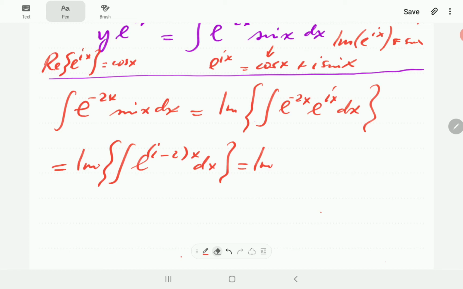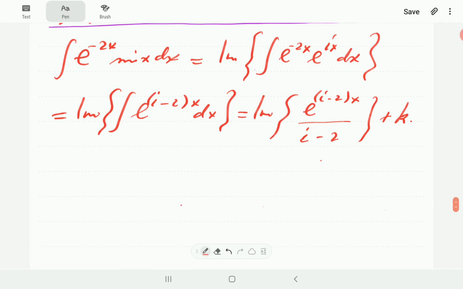The integral of e to the ax is e to the ax over a. So this here is going to be e to the i minus 2x divided by i minus 2. Remember, i is just a constant, and then plus k.